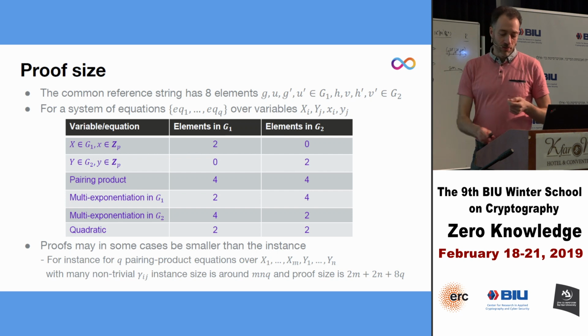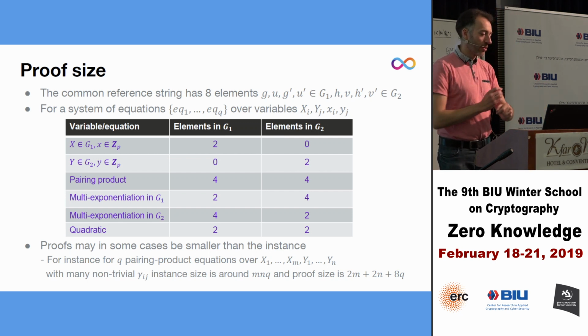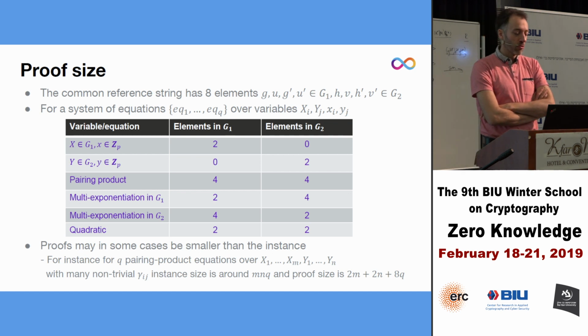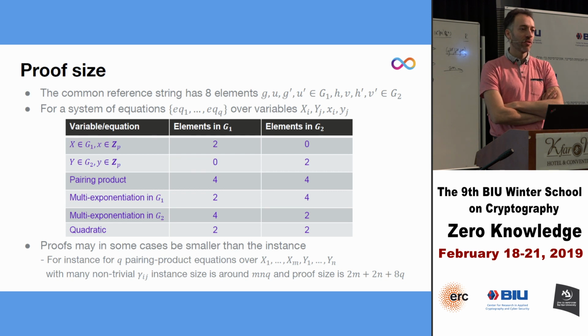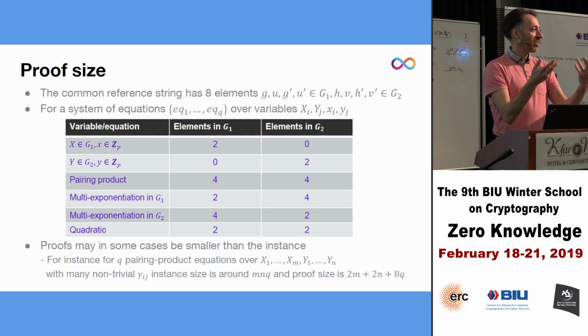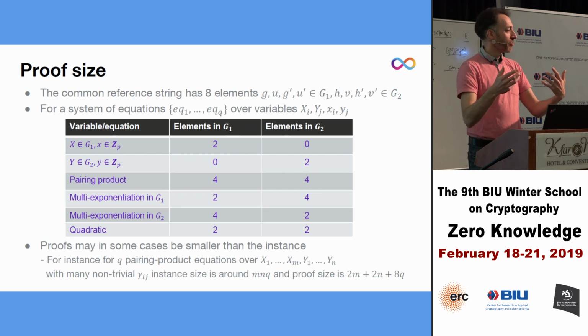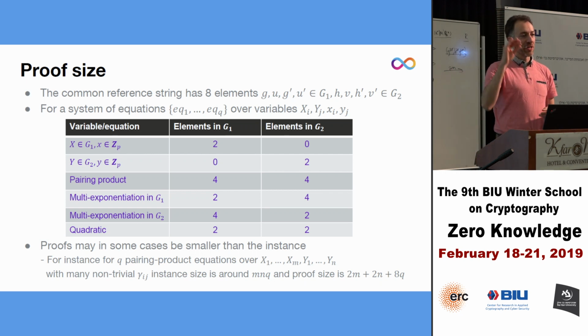Okay? So in general, we then have proofs that grow linearly with the number of variables we want to prove something about, right? Because we are committing to every secret group element and every secret field element. And then we pay a constant number of group elements per equation in the system of equations.